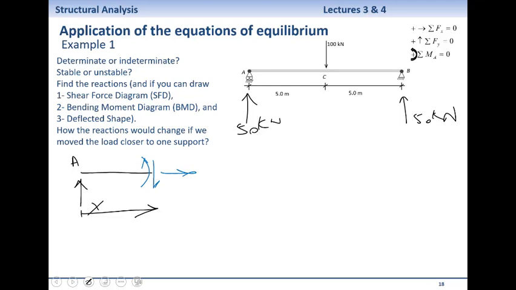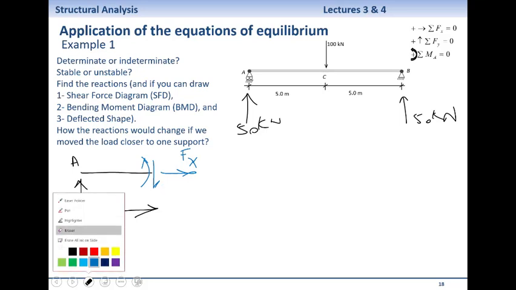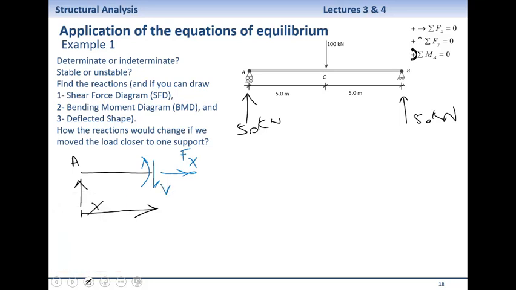So I'm going to call them Fx, Fy, or actually V. Let me call it V. Normally we refer to it as V. And I'll call it Vx, and then Mx. Every time that you cut a beam, you potentially have an axial force, a shear force, and a bending moment.